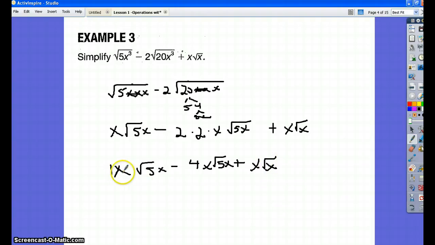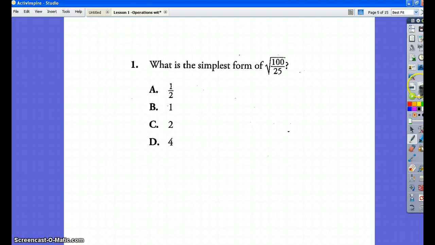So these are like terms. 1x minus 4x is going to be negative 3x square root of 5x. That stays the same, plus x square root of x. So that is how you do that one. It's fairly straightforward. Just simplify each one and then combine it. I think those are all of our examples, and we'll get started with number 1 with active expressions.